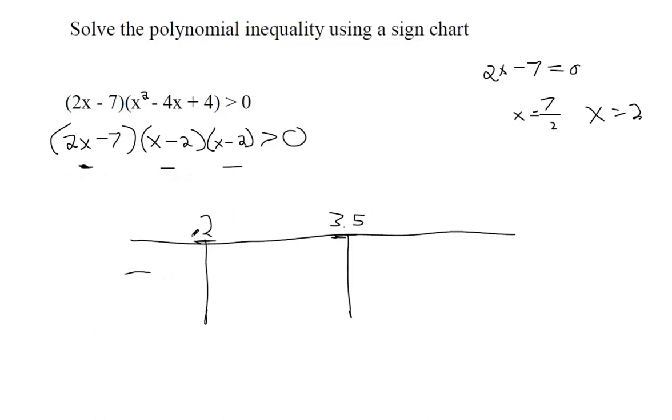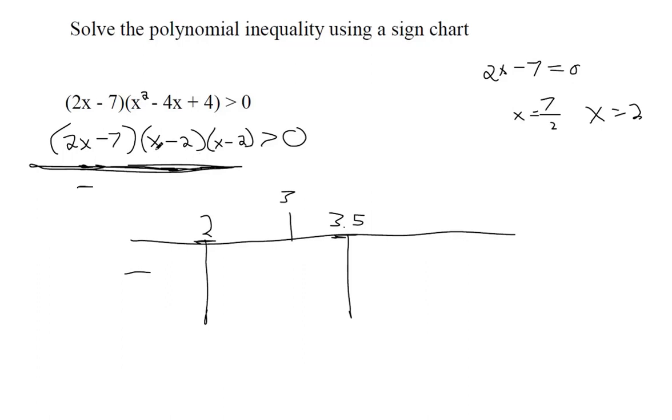Okay? And then between 2 and 3.5, how about we test x equals 3? So if I plug in 3 into the left side of the inequality, this expression here, 2 times 3 is 6. 6 minus 7 is a negative number. Again, I don't care exactly what the number is. I just care about the sign at the end.